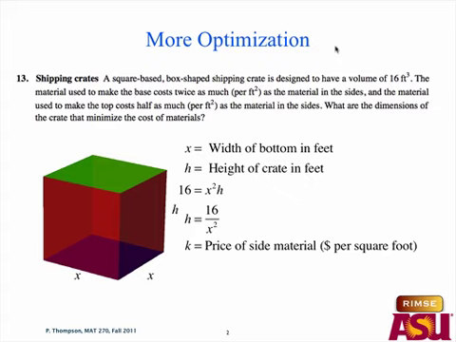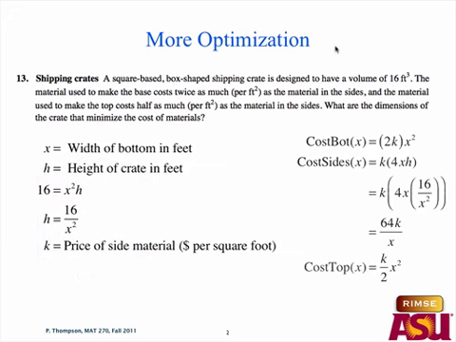So from here, we can do what will the cost of the bottom be. So then Adelaide was talking about surface area. To get cost, it's going to be our area times cost for whatever side we're talking about. So the base is twice as much as the side, so there's our 2K, times the area will give us the total cost of the bottom, right?